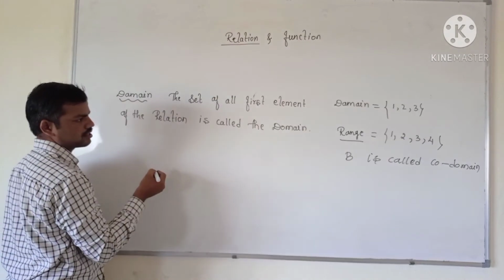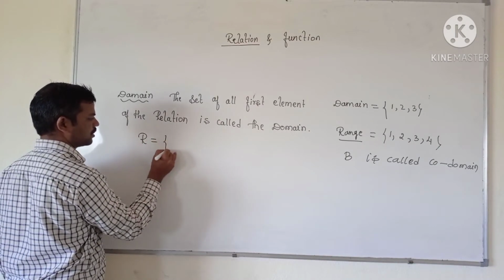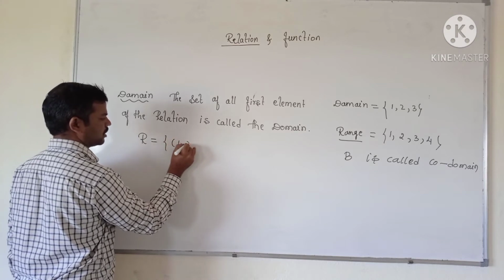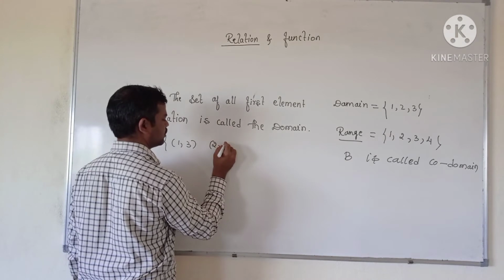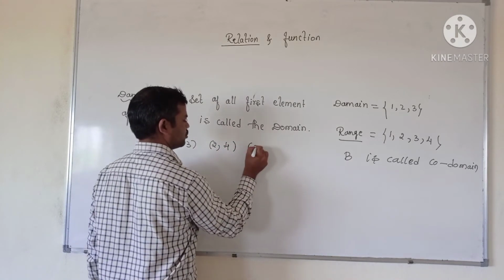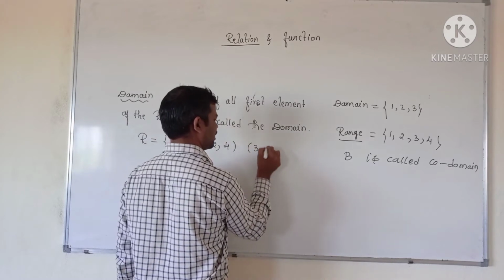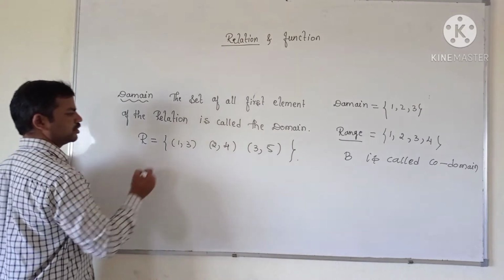Next, already we have taken one example. Suppose we have a relation like this: 1, 3; 2, 4; 3, 5. So this is the kind of relation we have written. What is the domain here?